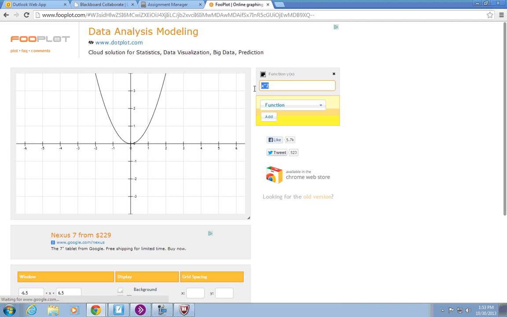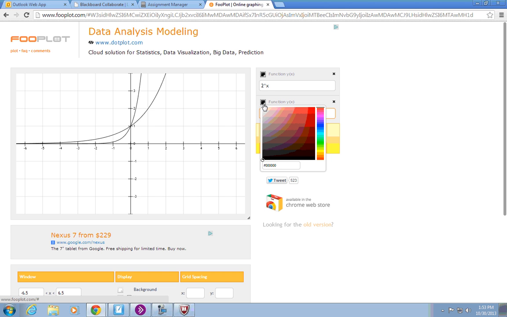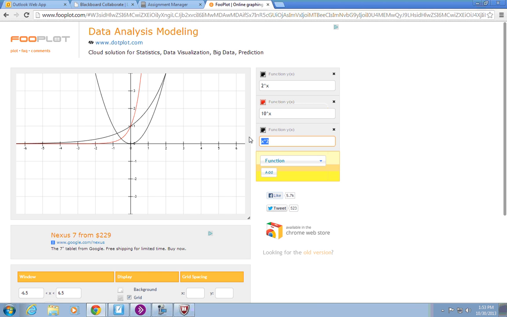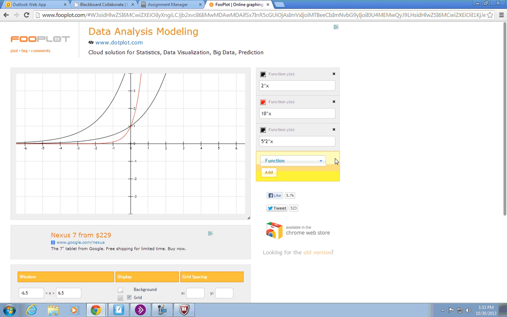If I do 2 to the power x, okay, and then I'll do 10 to the power x, and then I'll do 5 times 2 to the power x, okay? So you see what happened there?